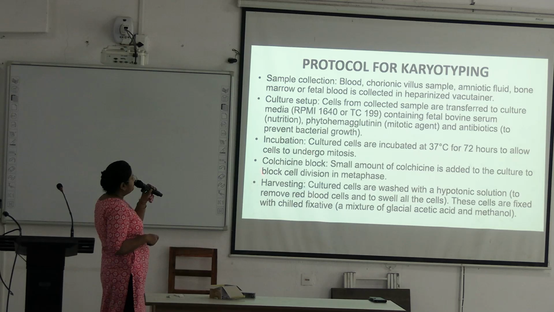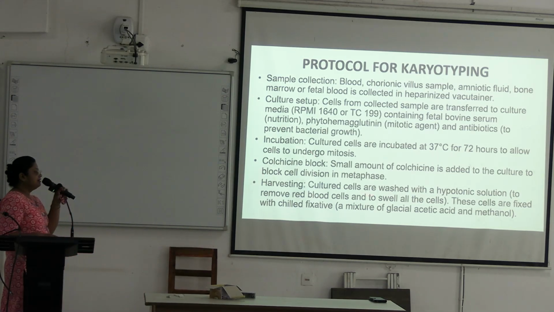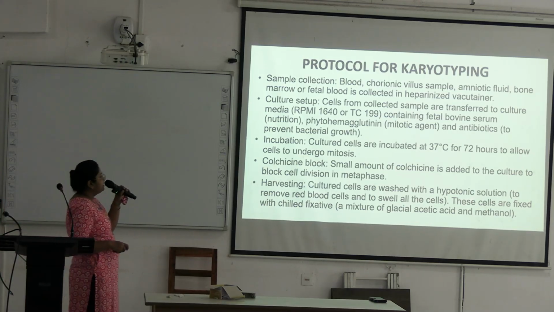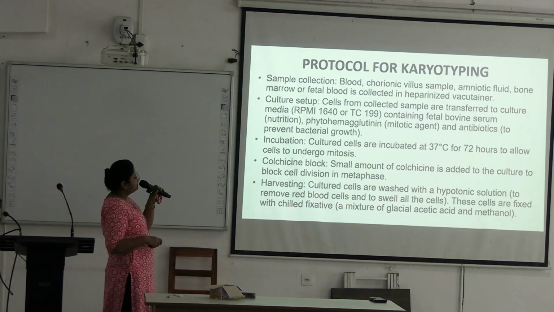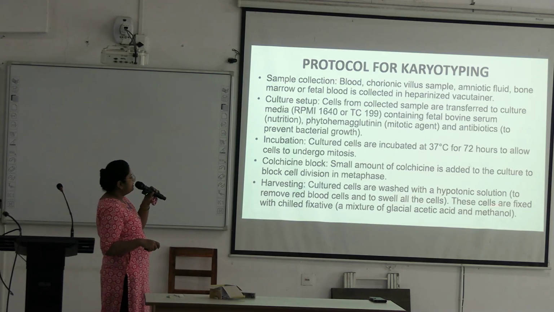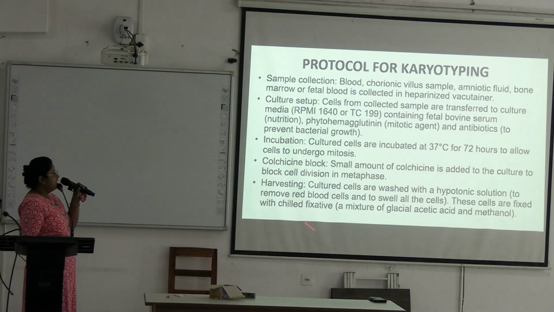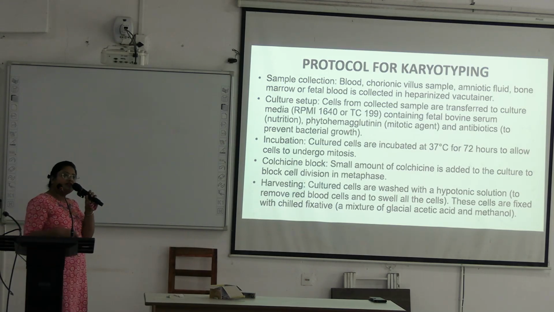Next is harvesting. The cultured cells are washed with a hypotonic solution to remove the red blood cells and to swell all the cells. These cells are fixed with chilled fixative, a mixture of glacial acetic acid and methanol. So that's how harvesting of the cultured cells is done.